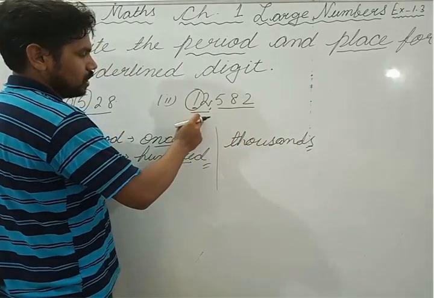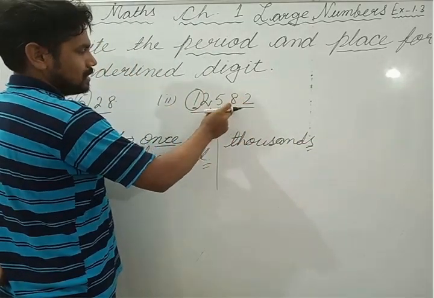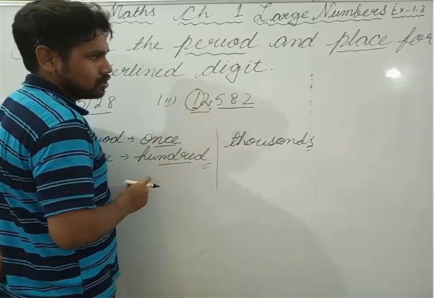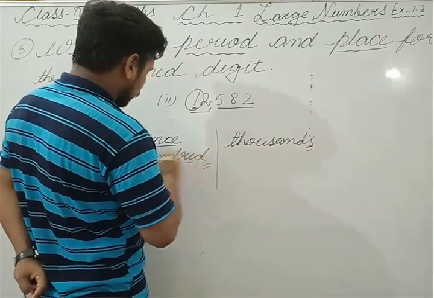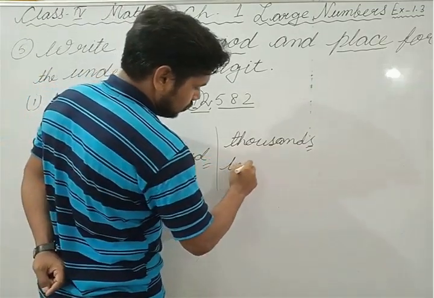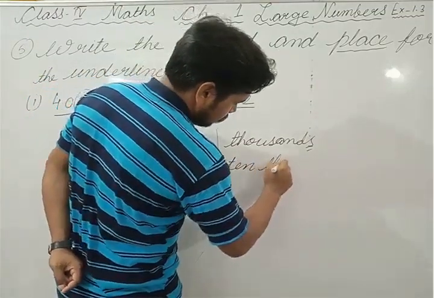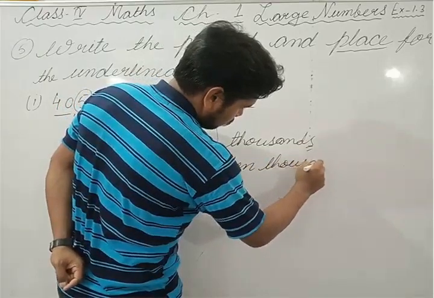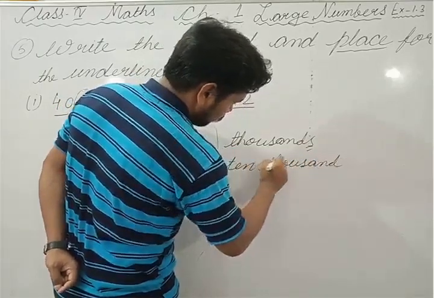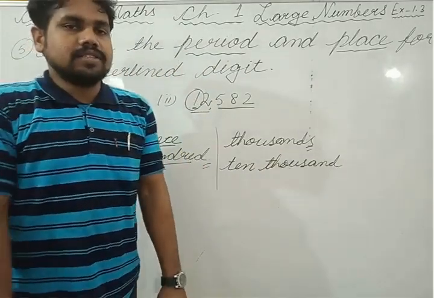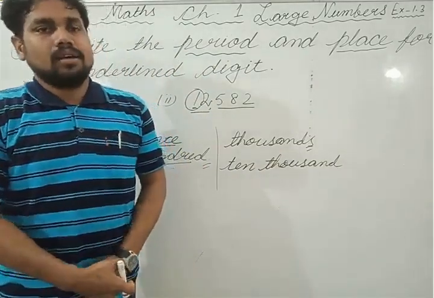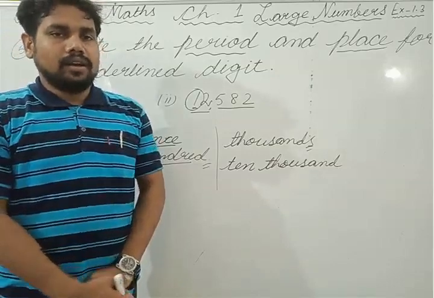But if you are talking about place, then it is ones, tens, hundreds, thousands, ten thousands. So it is in the ten thousands place. This is the difference between place and period of a number.